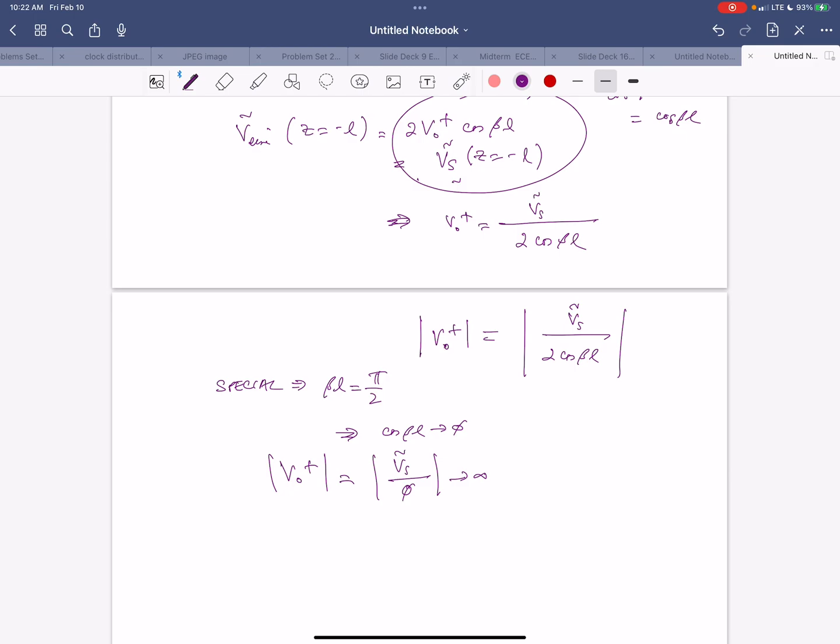As an aside, this is called a quarter wave transformer, QWT. It's when the length of the line is the wavelength divided by 4. Because somebody asked me earlier what the definition of beta was: it's 2 pi over lambda.